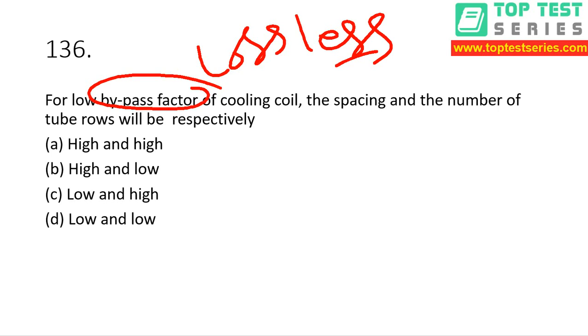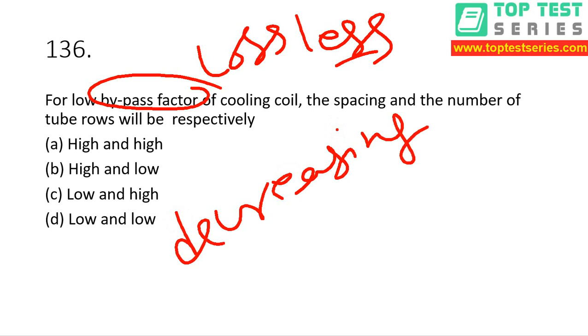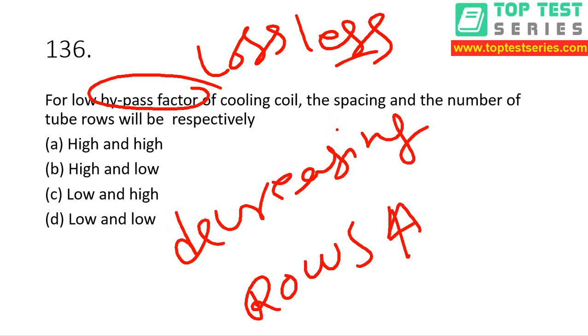For less loss cooling coil, what should be the case? As we have given spacing and number of tube rows respectively. In that case my dear, what will happen? Space will be decreasing, right? Space will be decreasing, and my dear, tube rows will be increasing. So here my dear, low means decreasing and increasing means high.